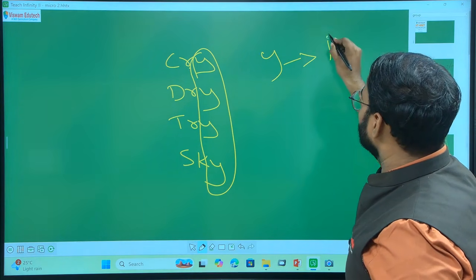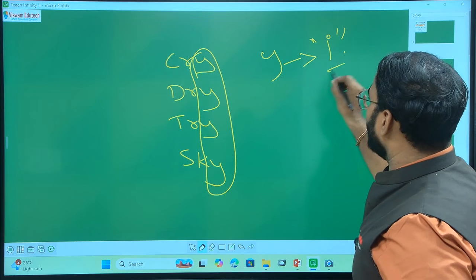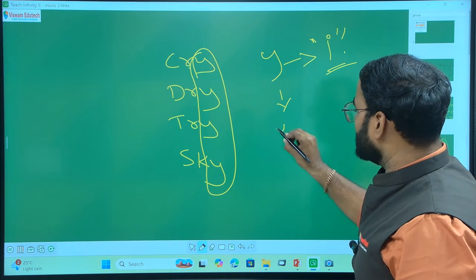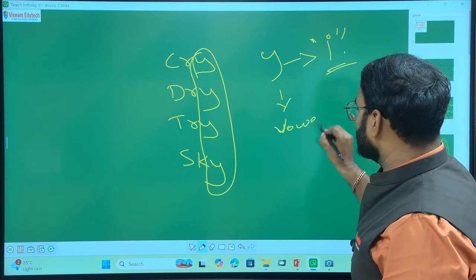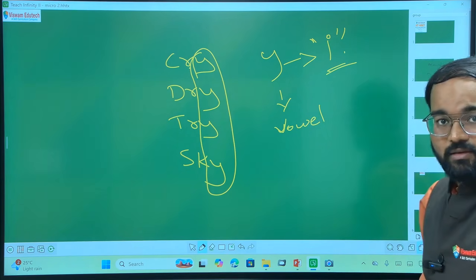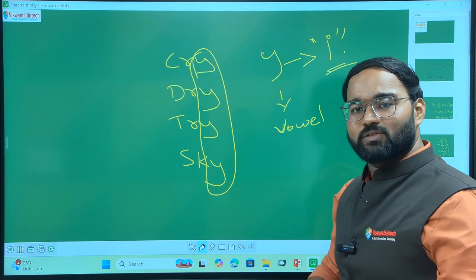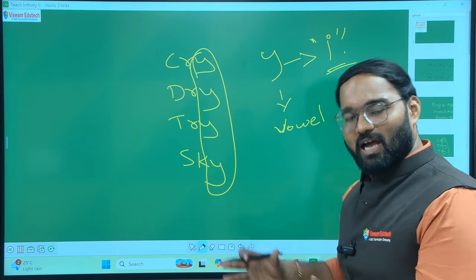When Y makes the sound of I, then Y is considered a vowel. So now, there are no words without vowel sounds.